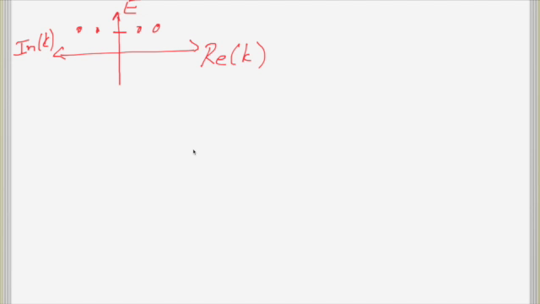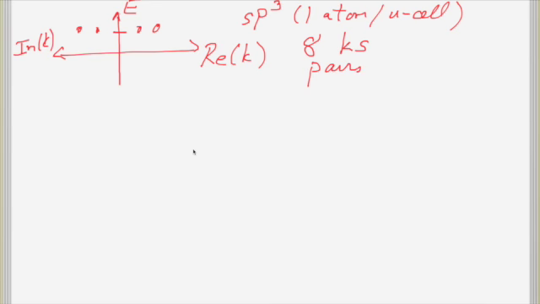So for sp3, 1 atom per unit cell, you're going to get 8 Ks, and they come in pairs, and the pairs represent plus or minus velocity, moving to the right or moving to the left.